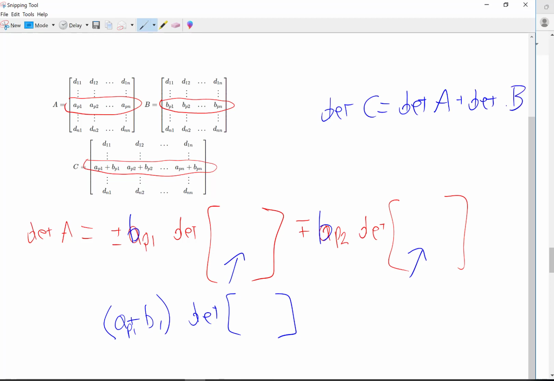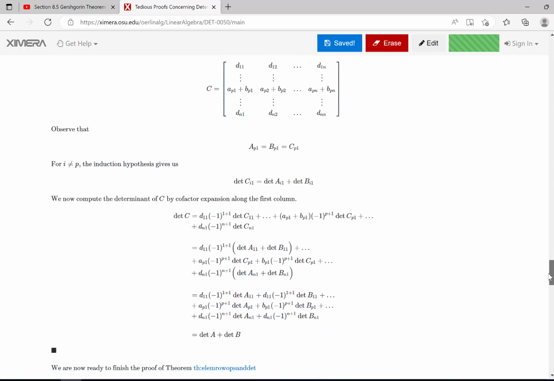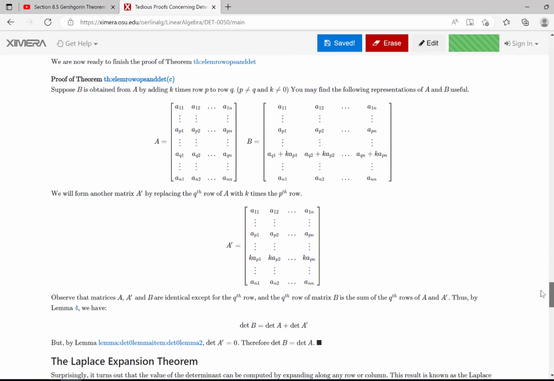And so now we will use this lemma 4 to prove the third part of the theorem, which says that when you add a multiple of one row to another, you end up not changing the determinant. So here's the picture that will help us.